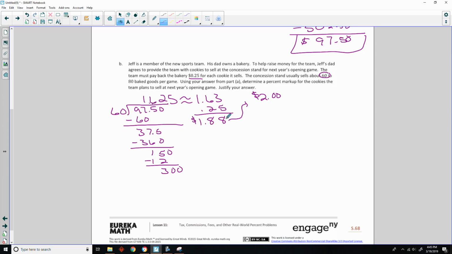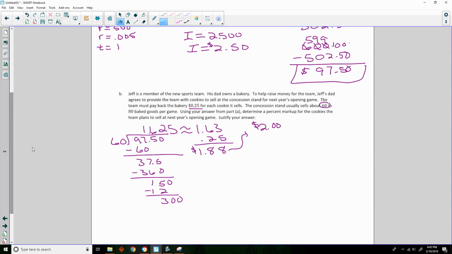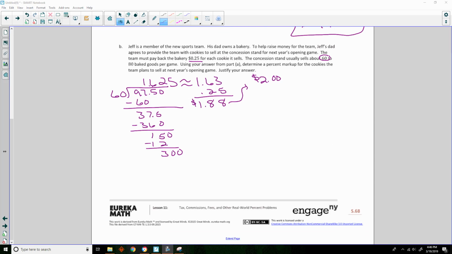So to find the percent markup, we use the following equation with 25 cents as the original price. Okay, so we use the equation again. I want to stay consistent in this lesson. Earlier we used Q equals the percent times the whole, our quantity.